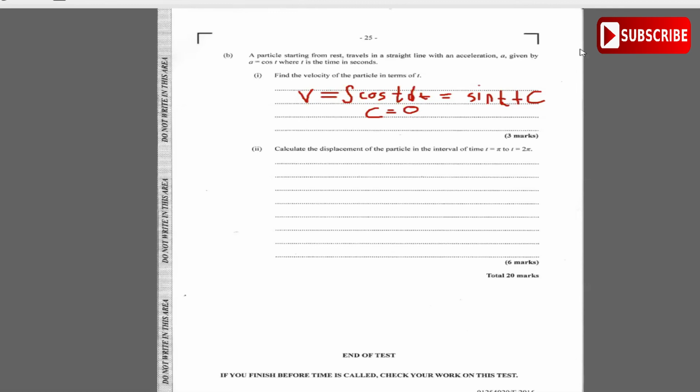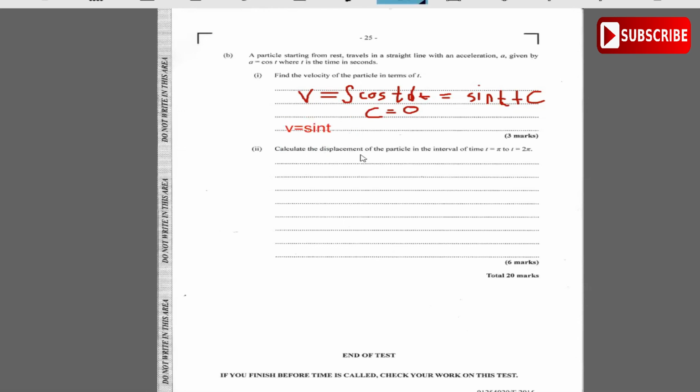So c is 0, and so the velocity v is equal to sine t. Three marks for doing nothing. We gladly accept these 3 marks.